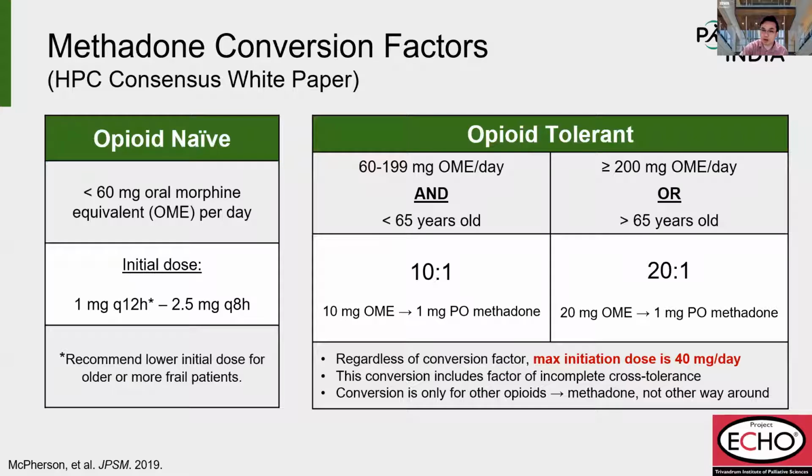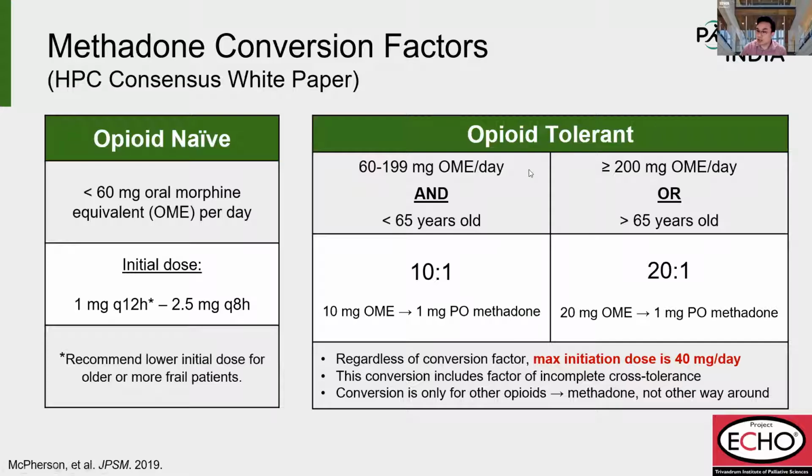Now jumping on to our more opioid tolerant patients, which will likely be a lot of patients when we're considering methadone, we want to break down how much opioid they currently need in OMEs, and also the patient's age.